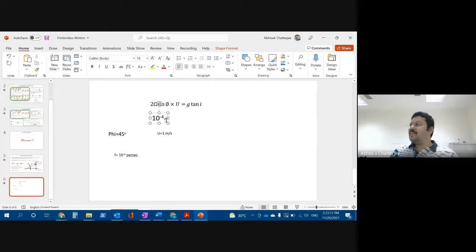What is in the right hand side? G. G is about 10 and then tan I. So the tan I equals to what? Then tan I equals to 10 to the power minus 5, right?